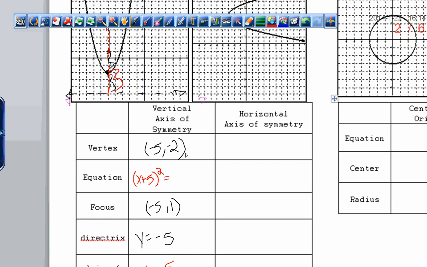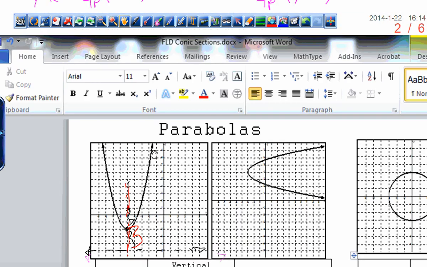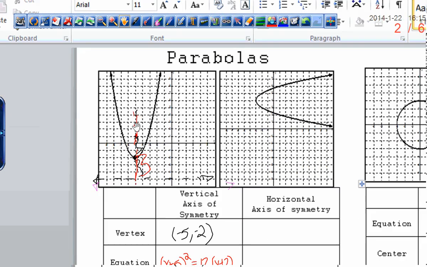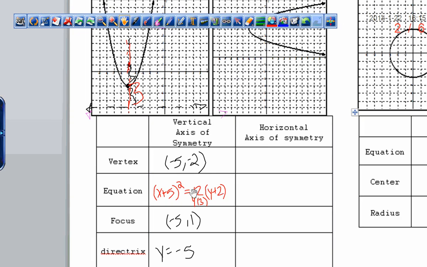So once again, that's 3. So 4 times 3 is 12. And then we have y minus k. So y minus, or plus 2. I'm just getting all this stuff straight from here. So y minus k, all that is right there.